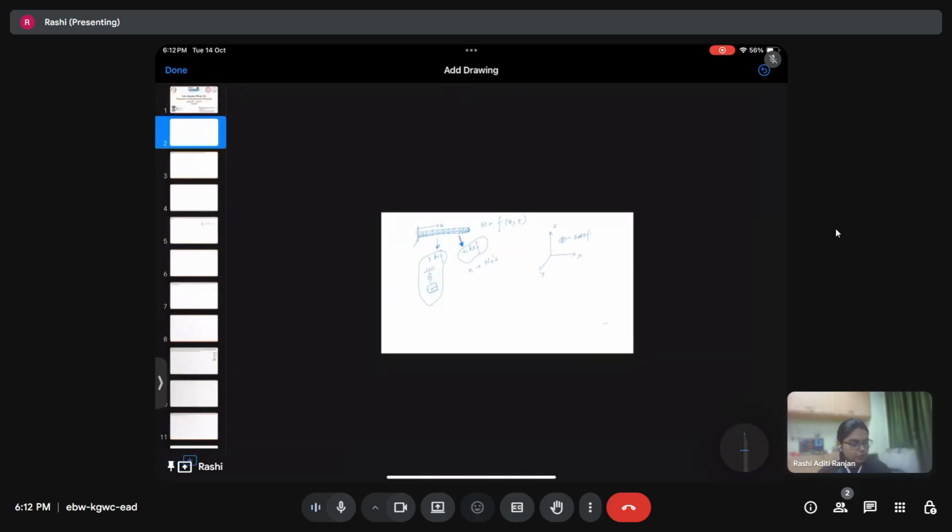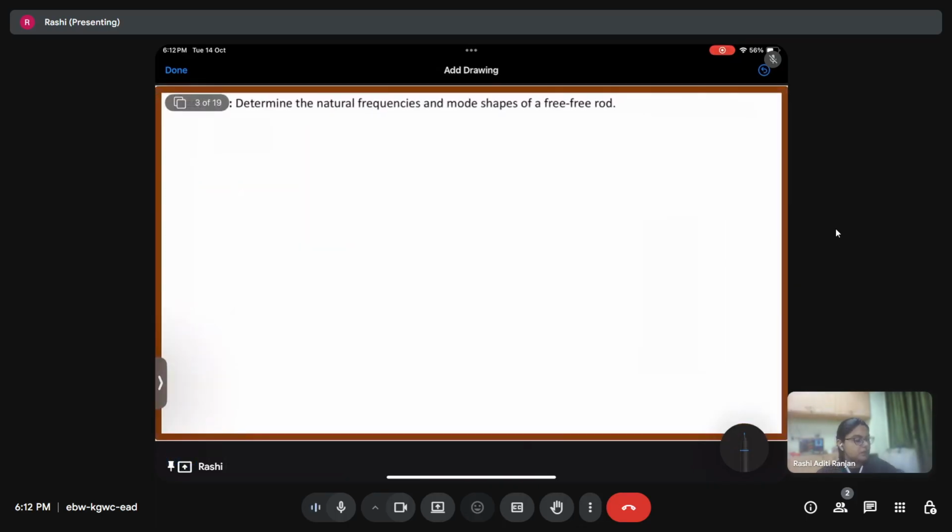so coming on to question number 1, just a second. Okay, so the question is, determine the natural frequencies and mode shapes for a free rod. Firstly, what is a free rod? There's a rod.